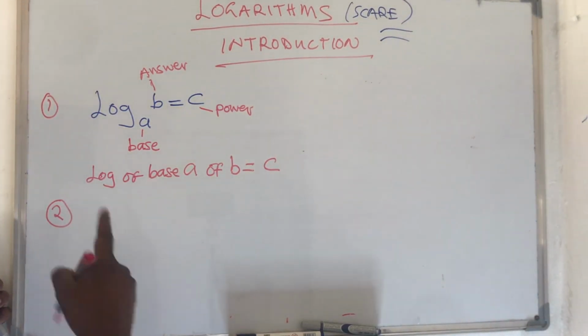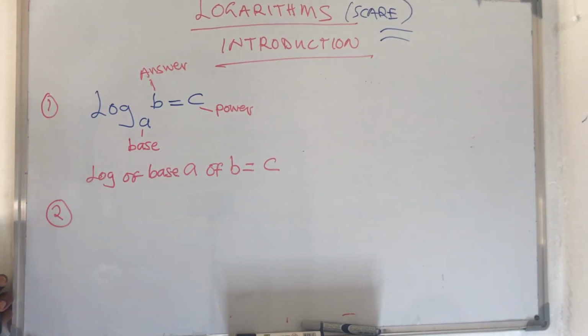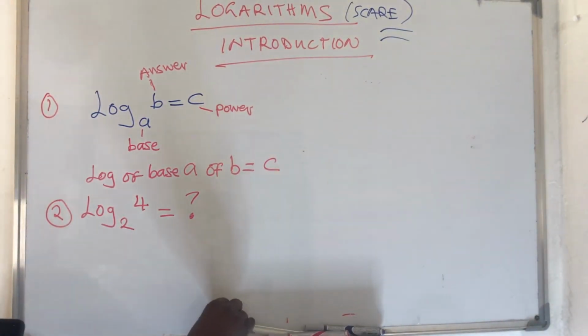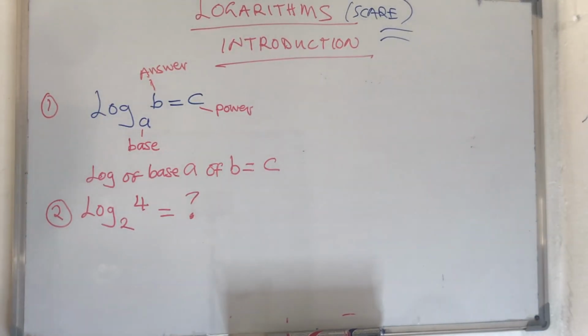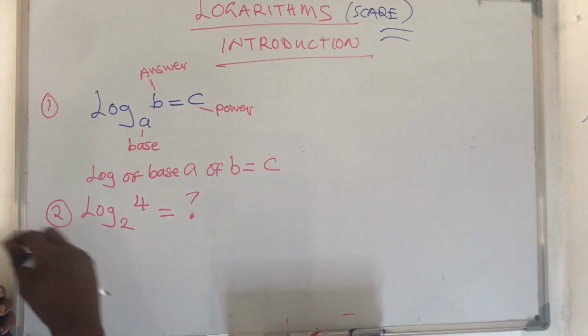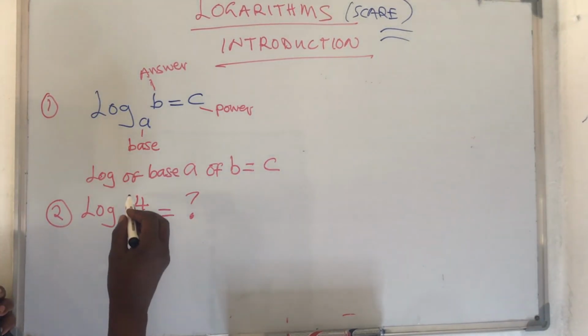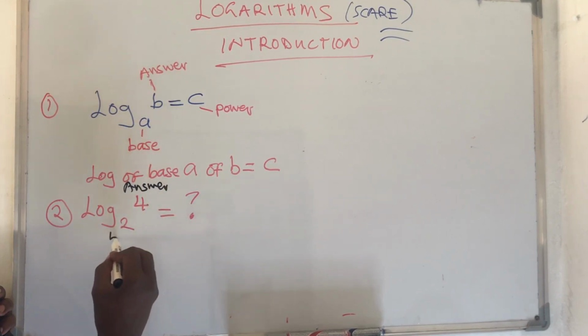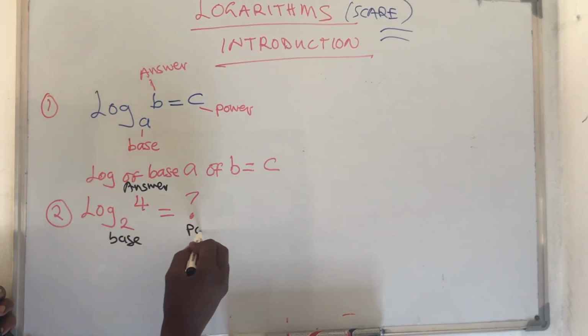That is to change a base to an exponential expression to solve this. How can you solve this particular question? How can you evaluate this question? Now, if you've understood what we've done here, you are going to ask yourself, okay, I know this is the answer. I know this is the base. I know this is the power.